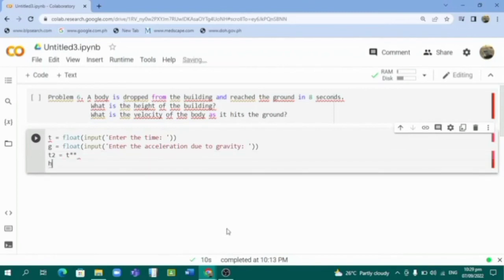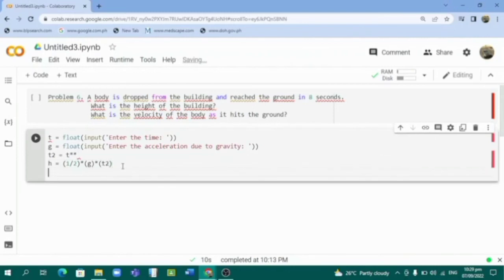In the third line, we're gonna put here t2, which is t squared, and to get the height, h equal sign, 1/2 asterisk sign to multiply it to gravity, which is represented by g, asterisk sign again, close open parenthesis, t squared or t2. And we're gonna print it.